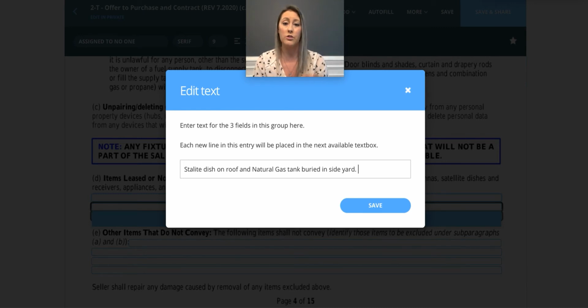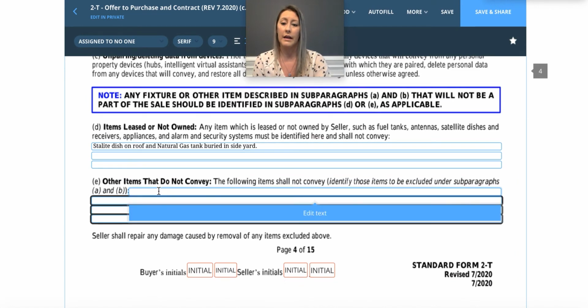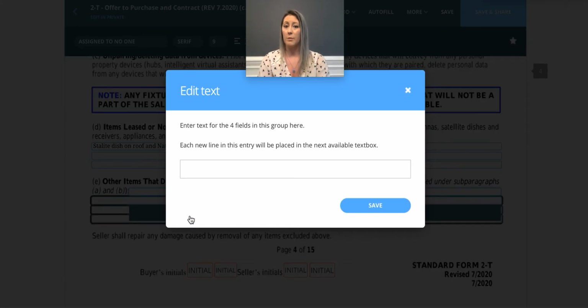Again, be as descriptive as possible when you're putting this stuff in. Next, other items that do not convey. There might be a play set out in the backyard. There might be an old boat sitting in the woods somewhere. I've seen that. Maybe there's grandma's chandelier in the foyer and they want to take that with them.